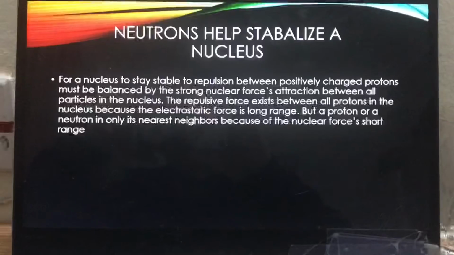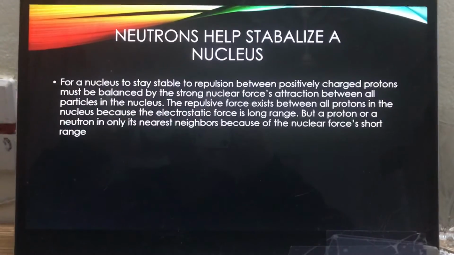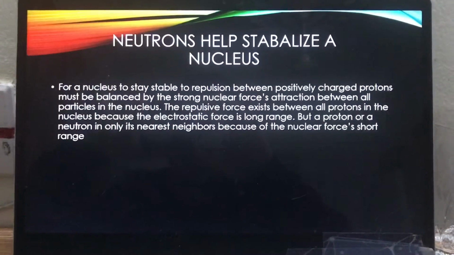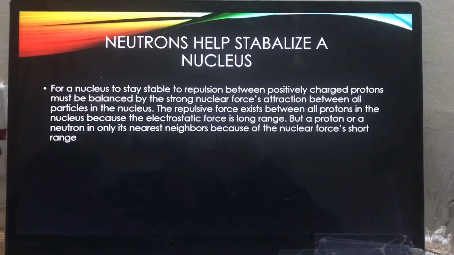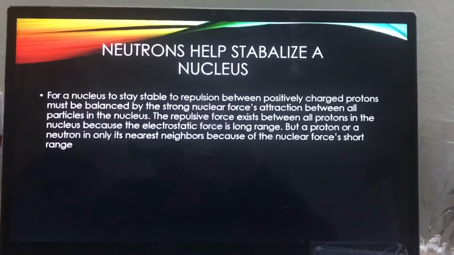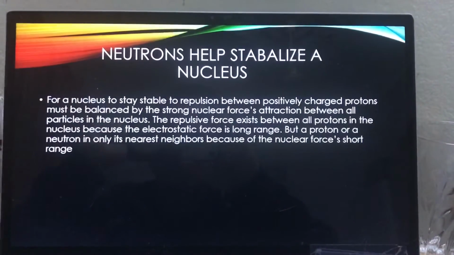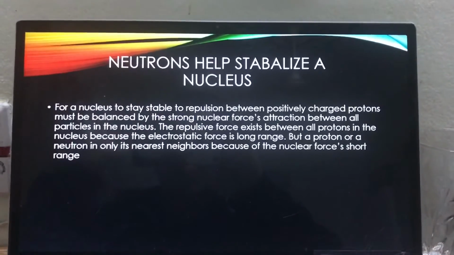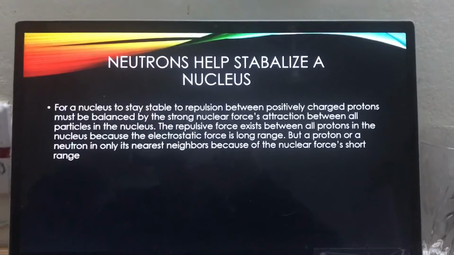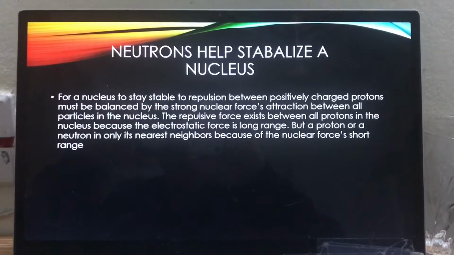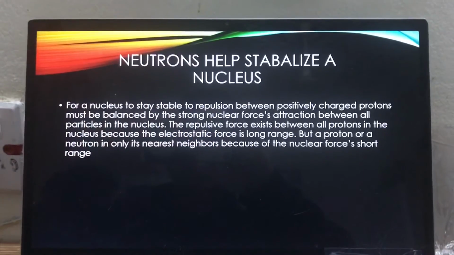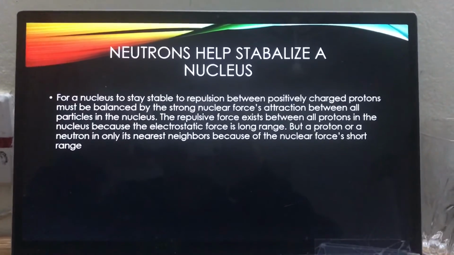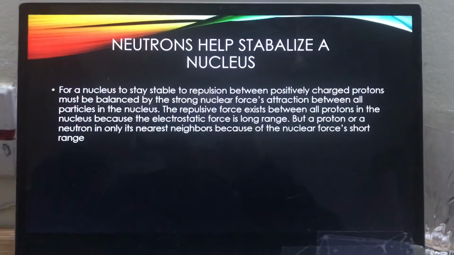For a nucleus to stay stable, the repulsion between positively charged protons must be balanced by the nuclear force's attraction between all the particles in the nucleus. Meaning, for the protons to stay together, there must be some form of attraction that keeps them together.